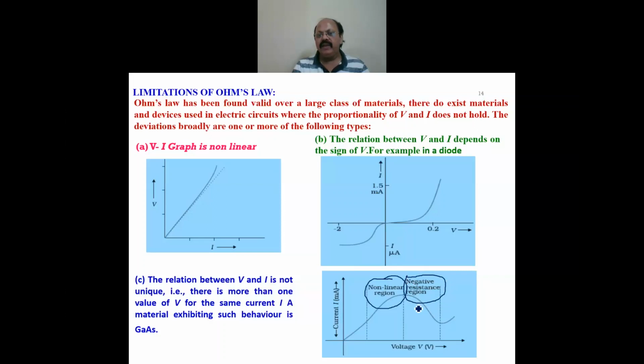For the same value of current, if we take it here, then you see that you have a different value of V. So that's why we say that the relation between V and I is not unique. So this is about the limitations of Ohm's law.